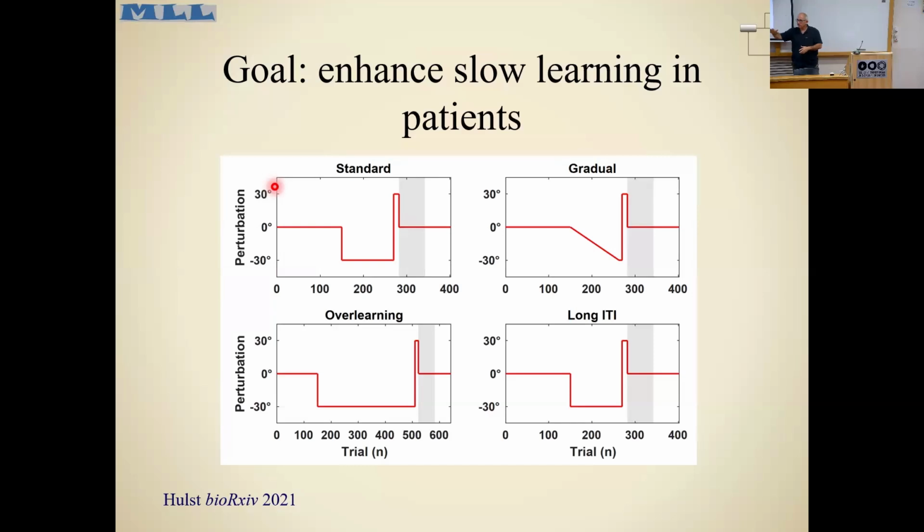And the one that's going to work, so I'm not going to talk about the other ones, is overlearning. So if you train people for longer, they're supposed to have more slow state, which makes sense because the fast state is sort of dying out and the slow state is still growing. So you should get more and more.